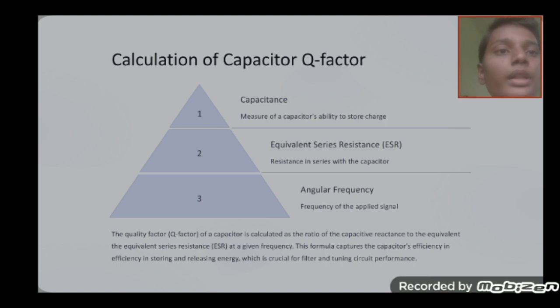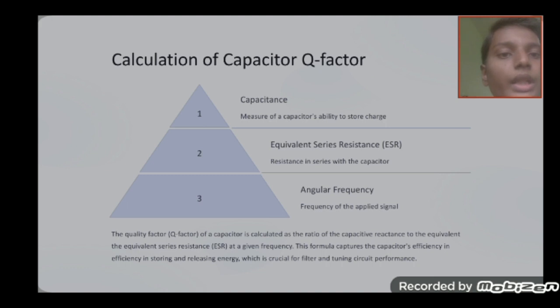Calculating the Q factor of a capacitor. Capacitance. A measure of a capacitor's ability to store energy or charge. Equivalent series resistance. Resistance in series with the capacitor. Angular frequency. Frequency of the applied signal.